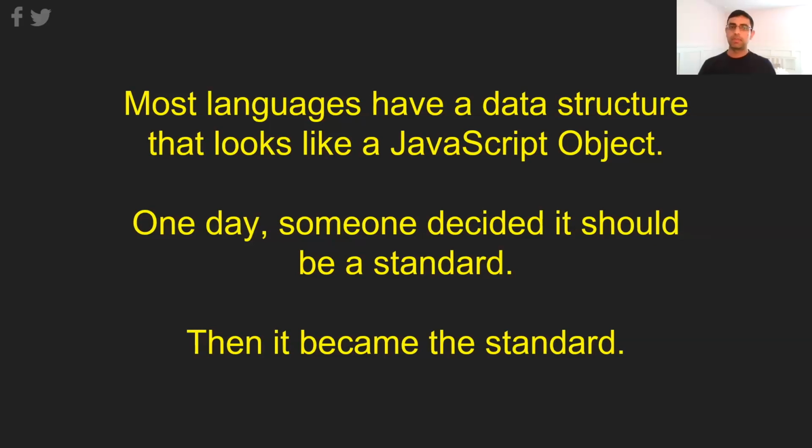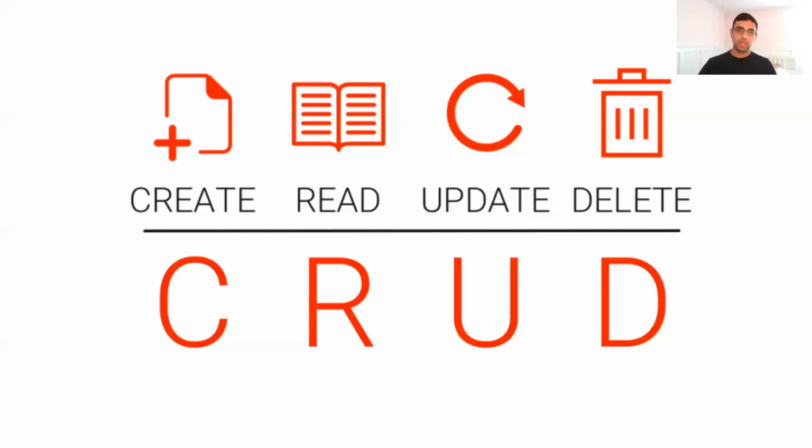There was no particular reason how it became a standard. Somebody came up with it, and now everybody started adopting it. The benefit of JSON is that it's a key value pair that you get from making an API call.